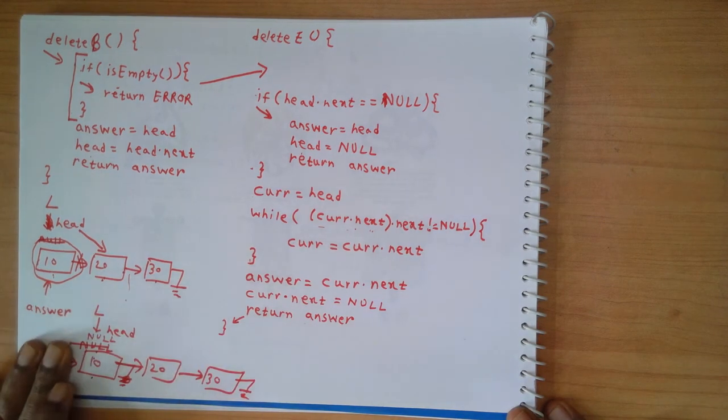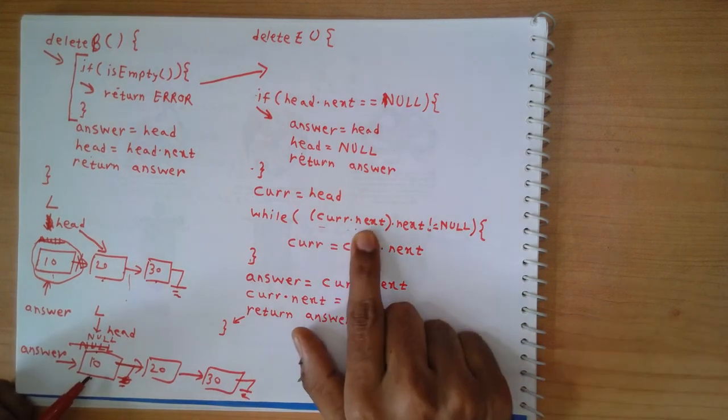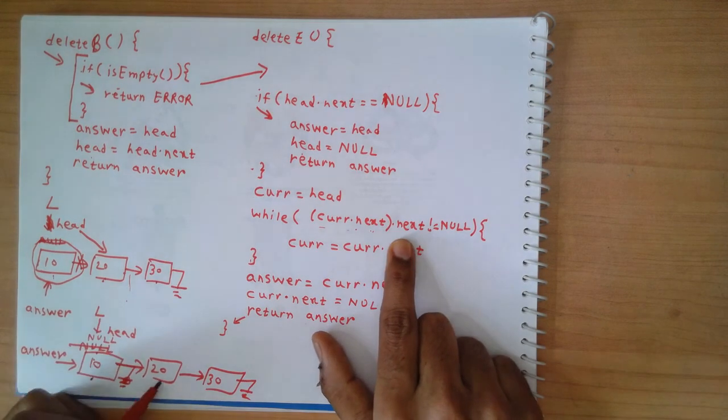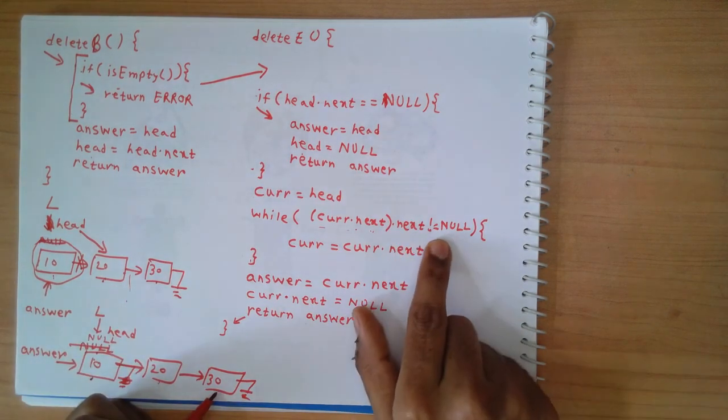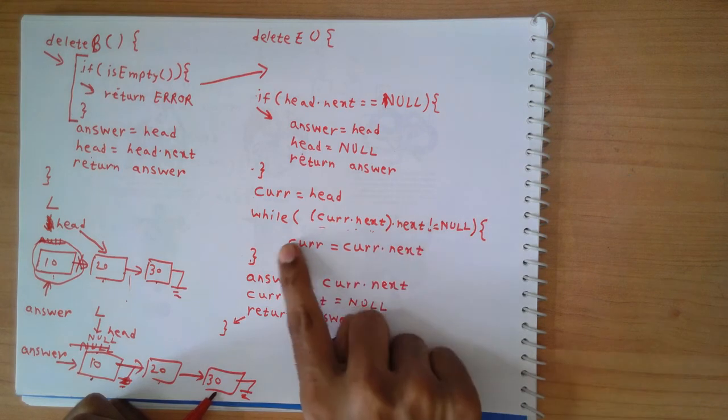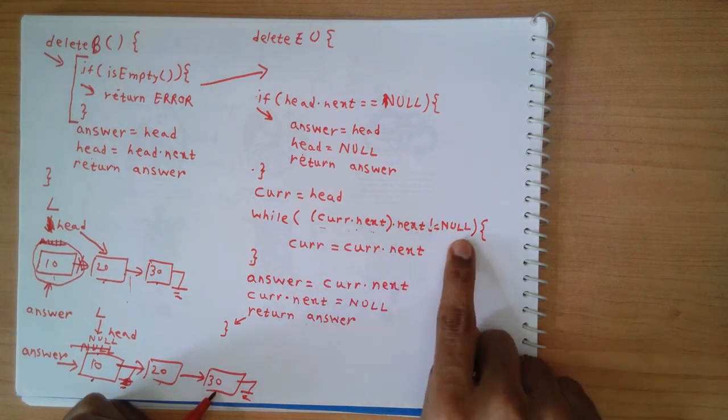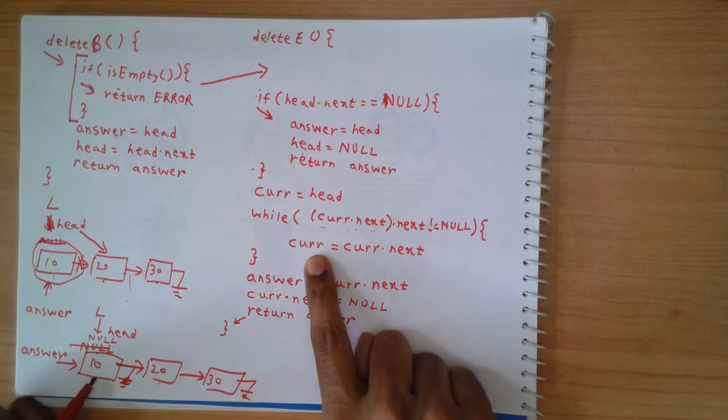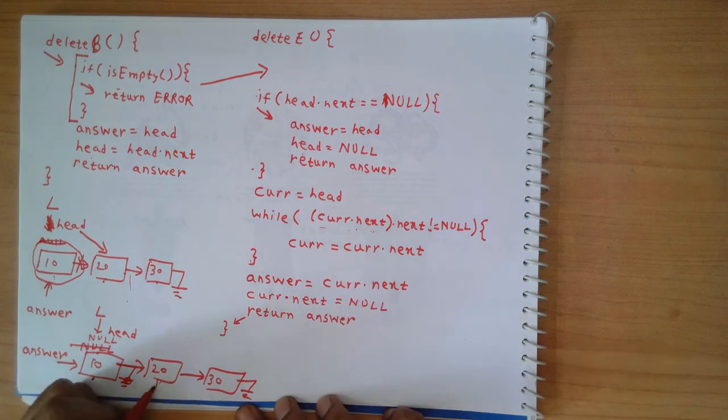Currently answer has no value defined. So my head is 10, and then I check current.next. Is it null? It's not null. If this condition evaluates to true, I have to go inside and I would say that my current is going to be current.next. So now current would point to 20.